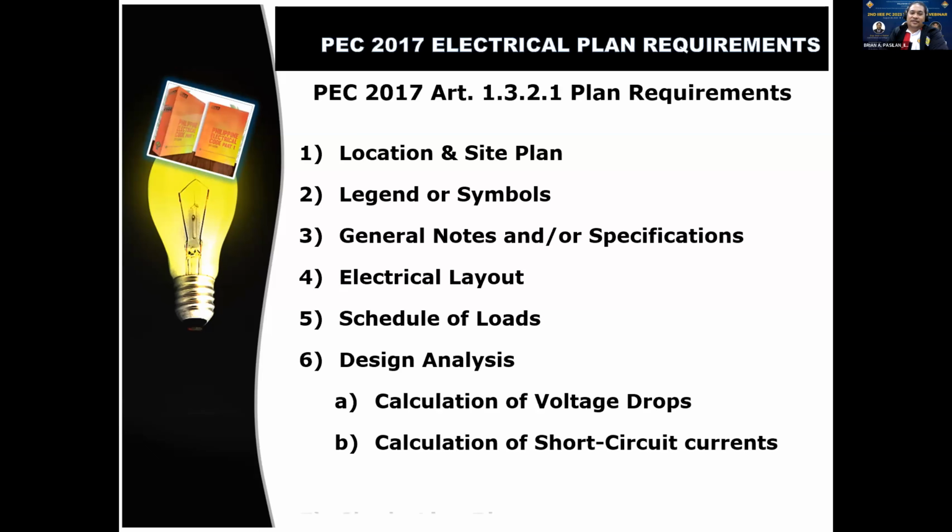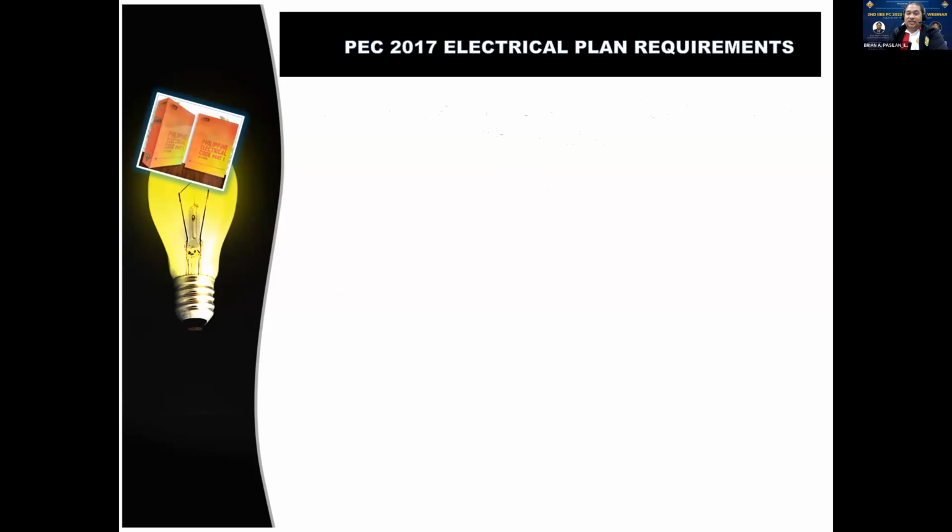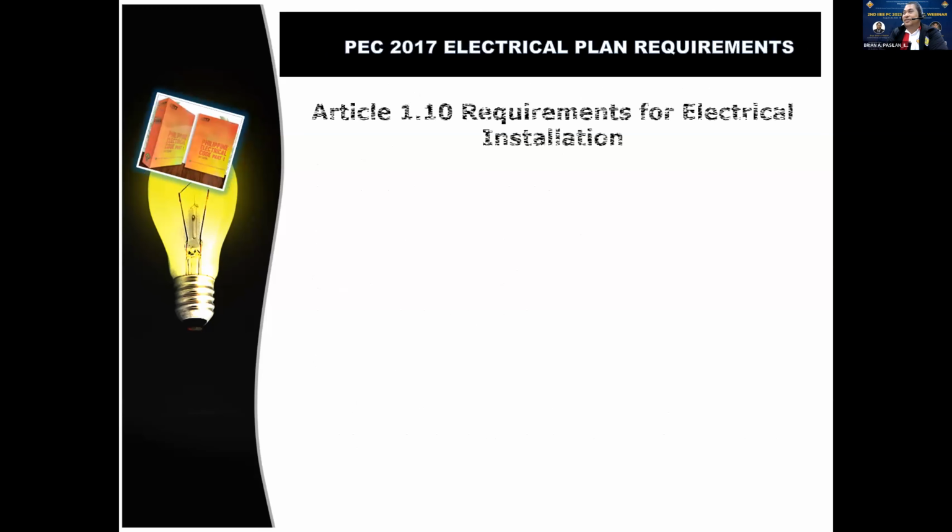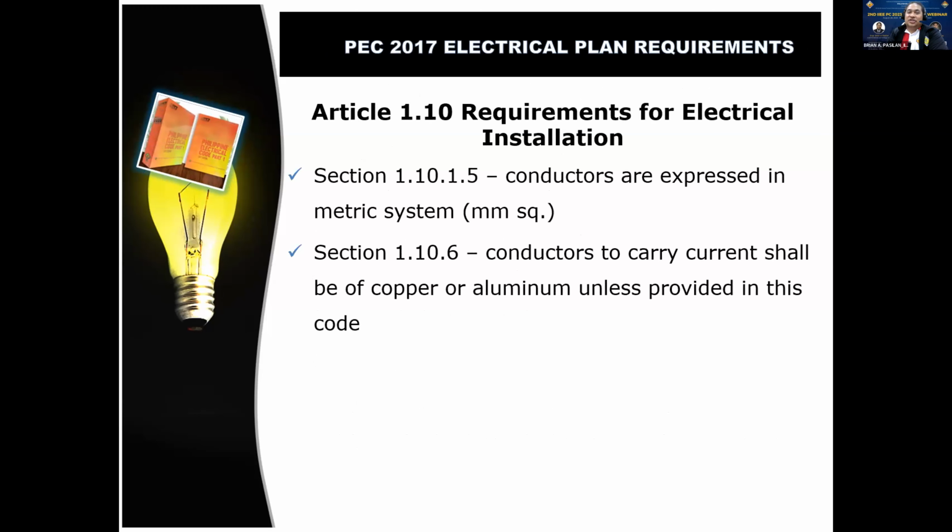Okay, so just another one lang mga requirements for electrical installation. So dapat ang conductors natin are expressed in metric, no. Although we are ANSI, reference natin is ANSI because of NEC or the NEC na kinopya natin. But this is where the deviation starts, no?